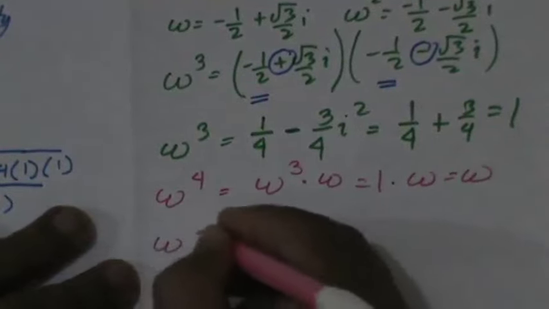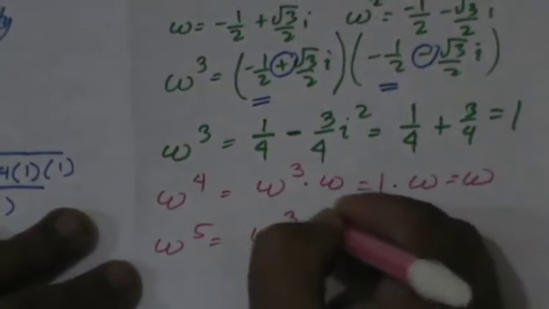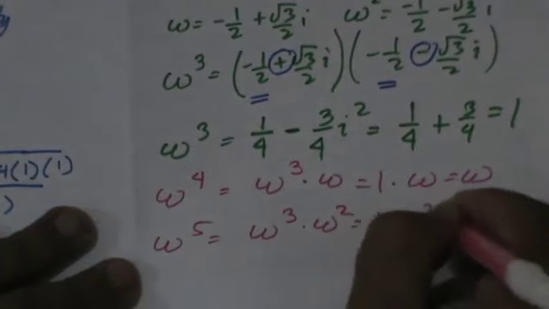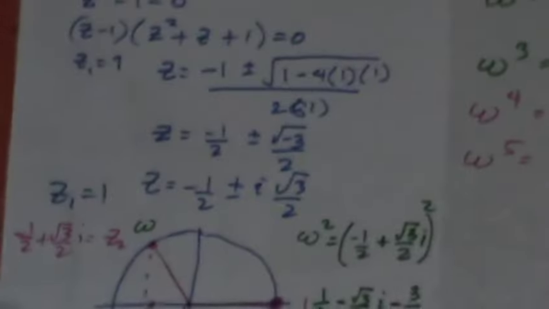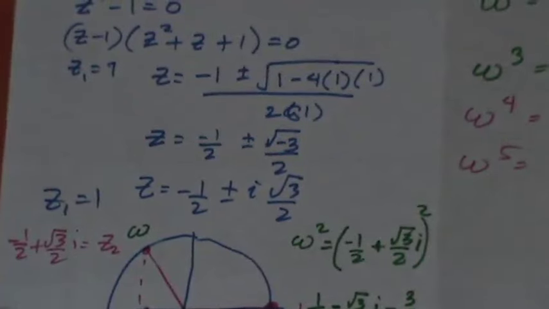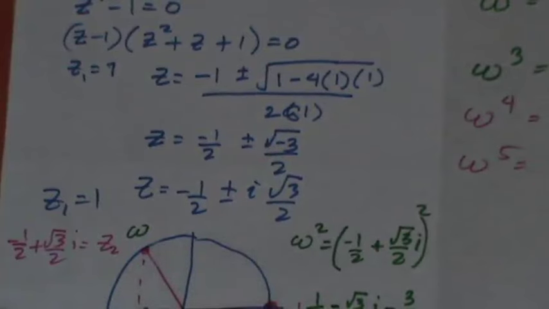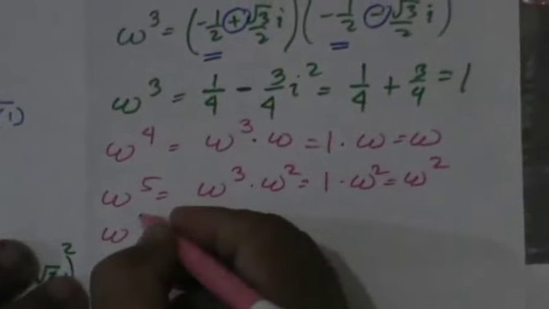And if you have omega to the 5th, this one will give you omega cubed times omega squared, which is 1 times omega squared, which gives you omega squared. See? So omega cubed is here, omega to the 4th is there, omega to the 5th will go here at omega squared. So, let's continue this pattern because it looks interesting.